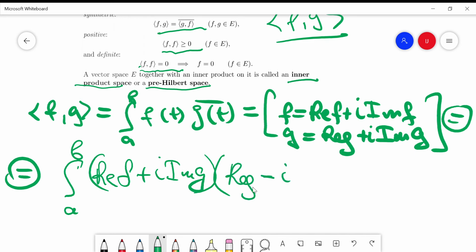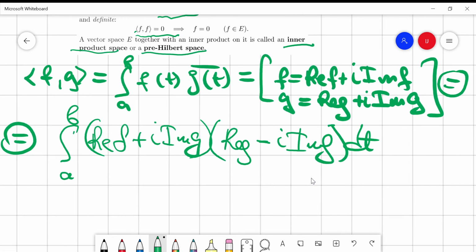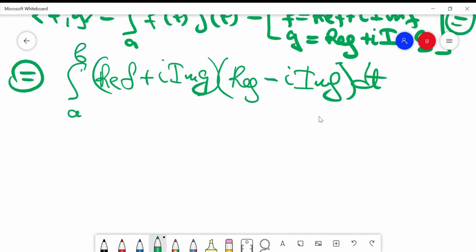Since it's a conjugate, we have a minus value here. Once we do all the calculations and expansion of the brackets, we will come up with this form.